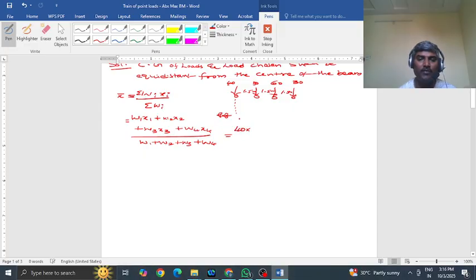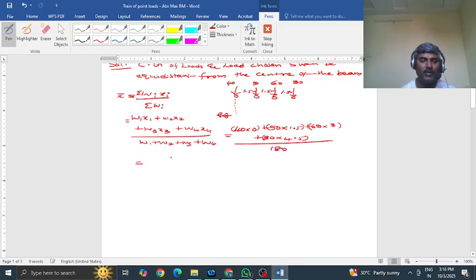The distance of the 40 from the reference line is 0, because that itself is the reference line, plus 50, distance is 1.5, plus 60, distance is 3, plus 30, distance 4.5, divided by the total load, which works out to 180.